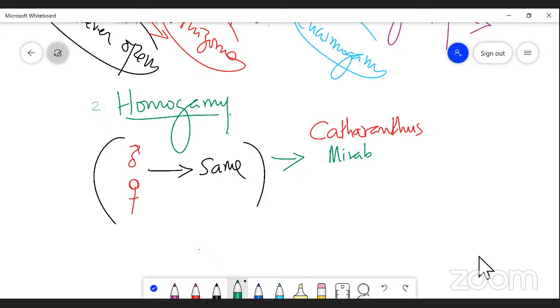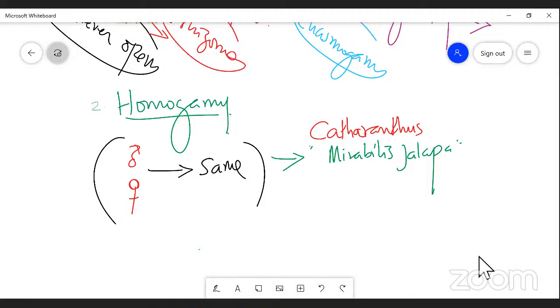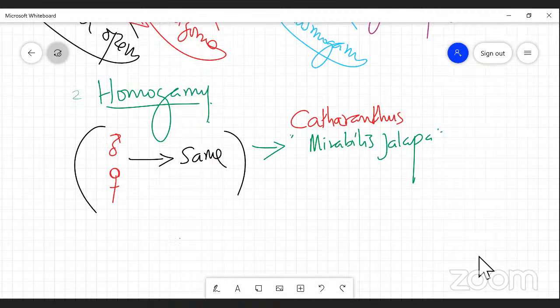So in both Catharanthus and Mirabilis jalapa, the maturity of male and female, I mean androecium and gynoecium, happens at the same time. That is called a homogamous flower.